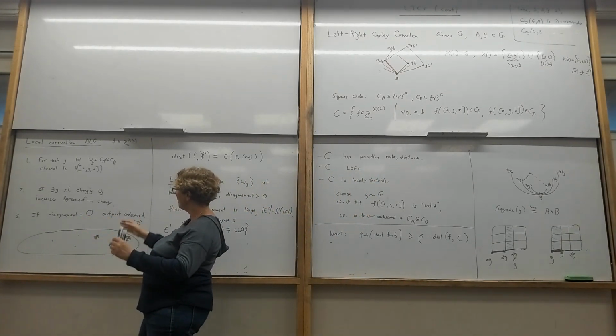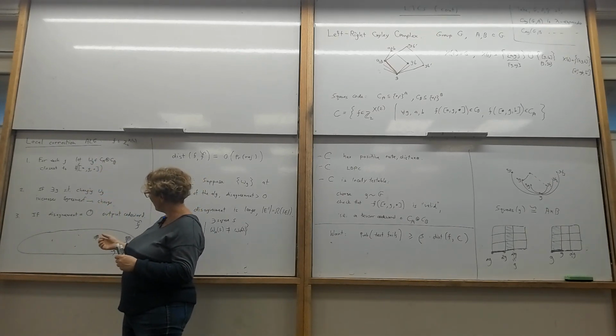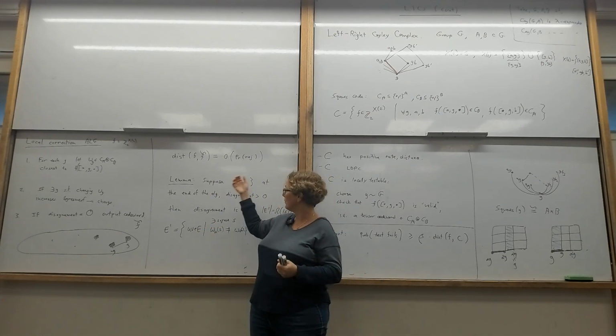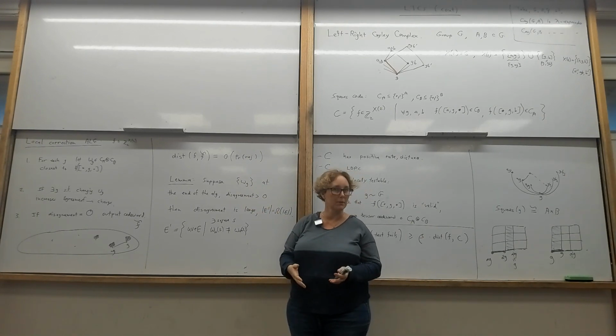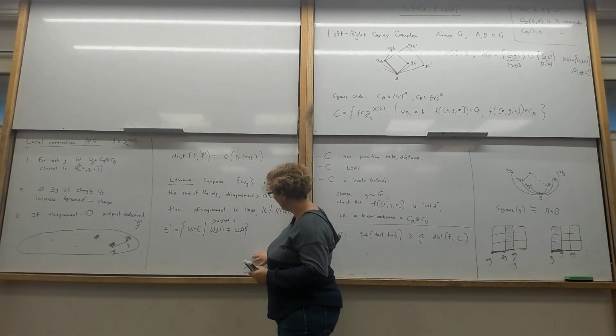So there's this gap after the algorithm finished doing these local corrections. The disagreement can either be 0 or very large. And if you are told it's not large to begin with, it must be 0.